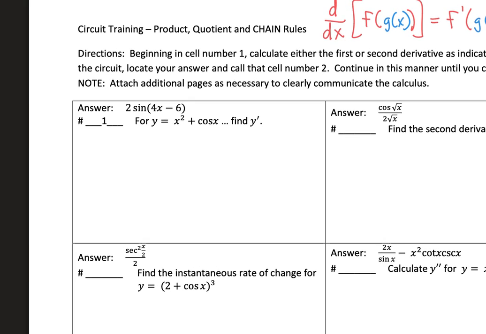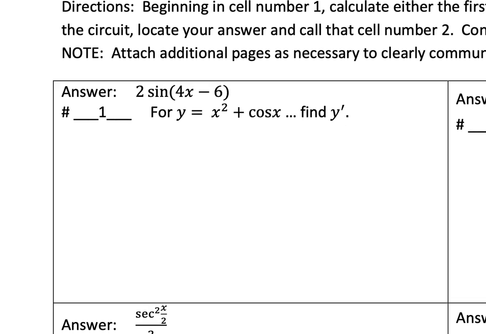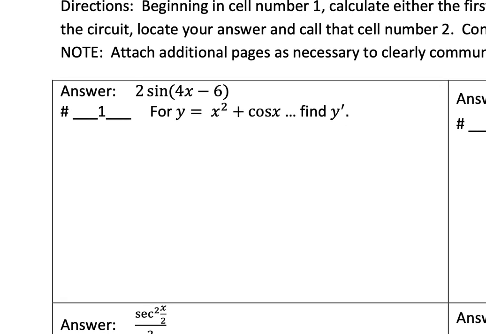For the first one, no chain rule. It's kind of just a warm up. Notice there's something squared and it's just x. There's a trig function and it's of just x. So that's not a chain rule.